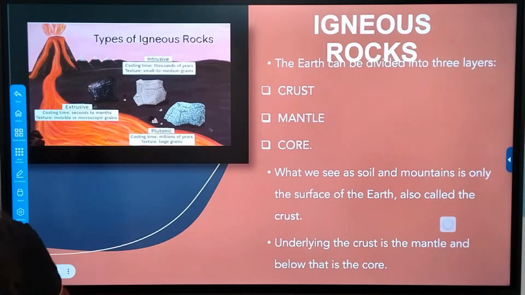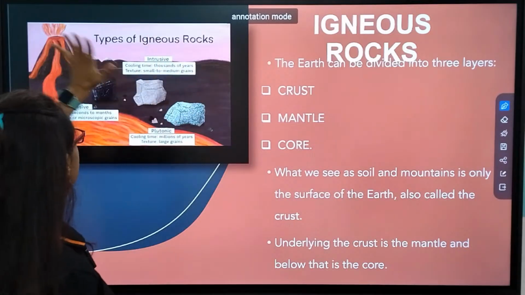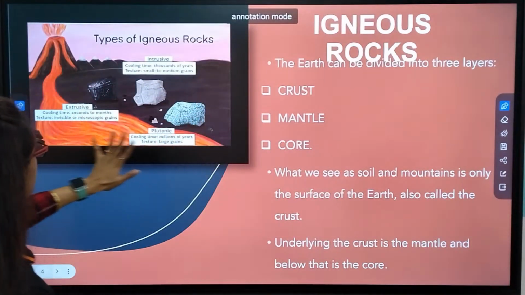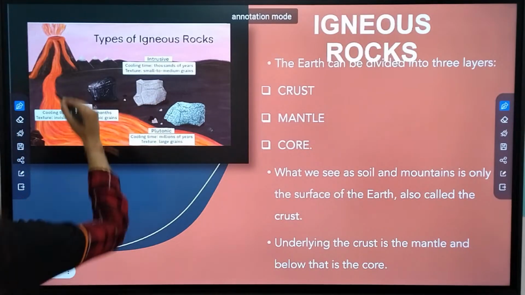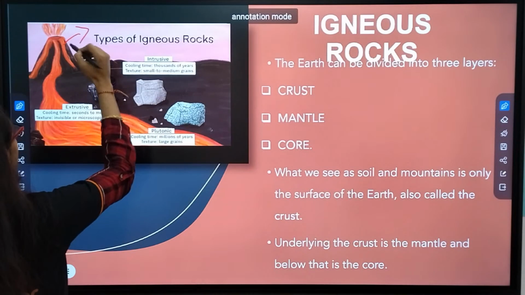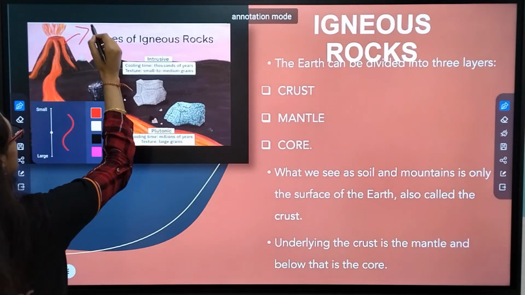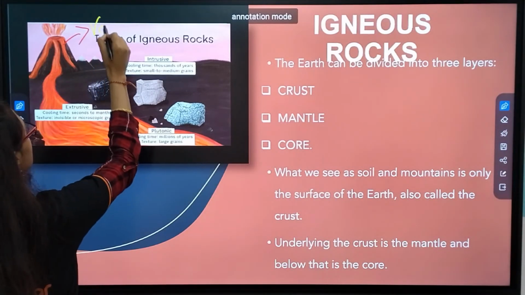First is igneous rock. First, look at this picture. What do you think this is? This is nothing but a volcano.